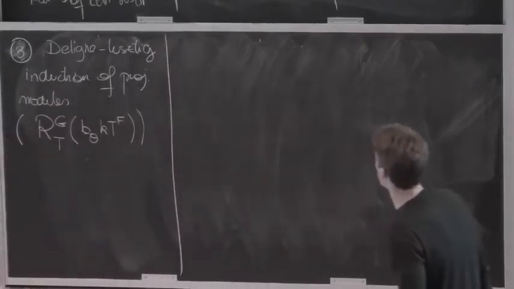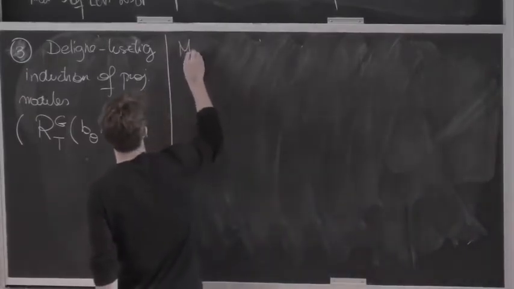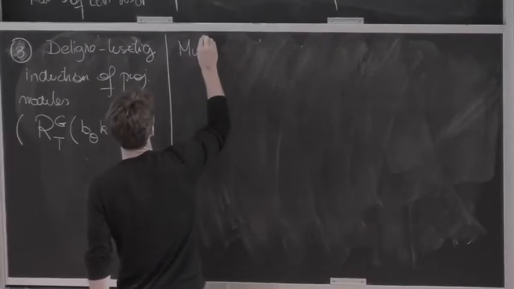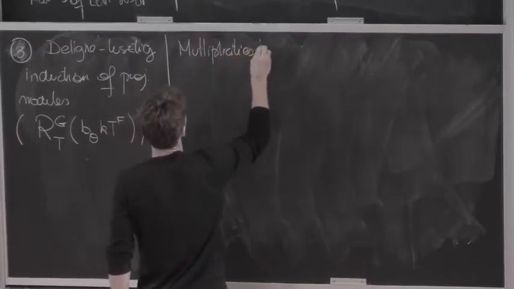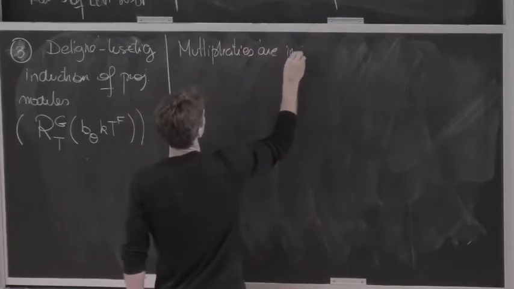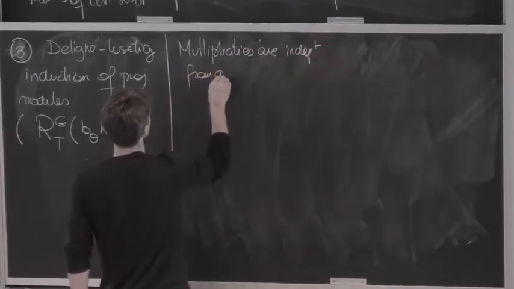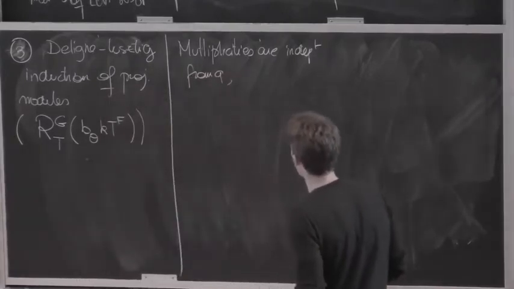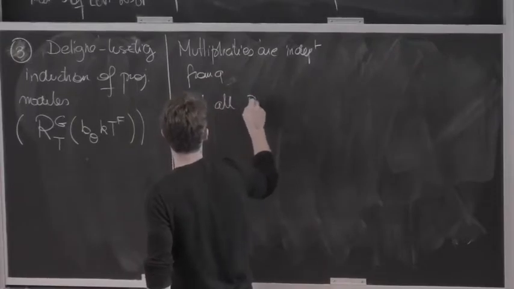So what's good with this method is that the multiplicities are computable, again independent from q. You get all the projective indecomposable modules.